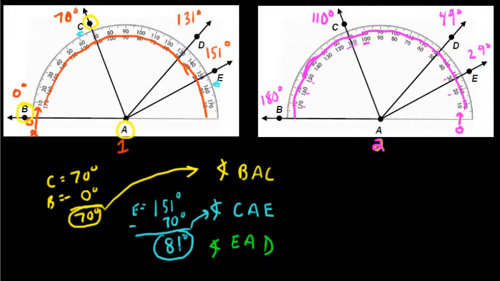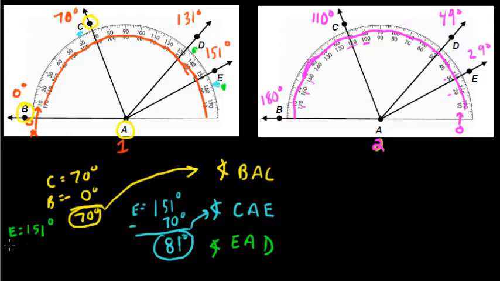Alright, and finally, angle EAD. Let's do that over here. We kind of ran out of room. I didn't do a good job organizing. I'm really sorry. Alright, E is right here, and D is right here. So E, notice I'm picking the larger of the two numbers first, and that's so that subtraction is easier.